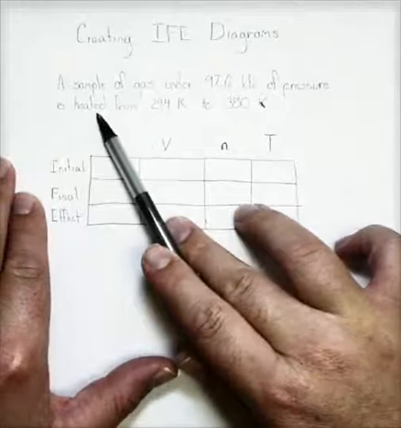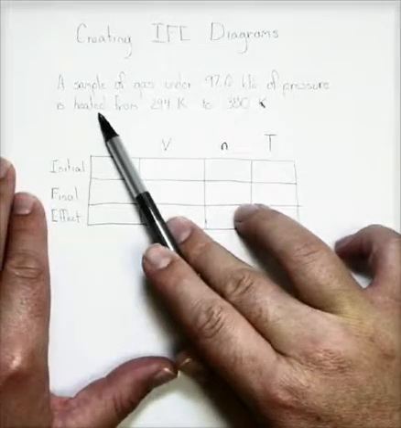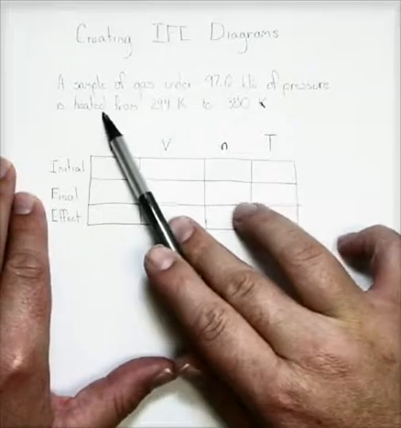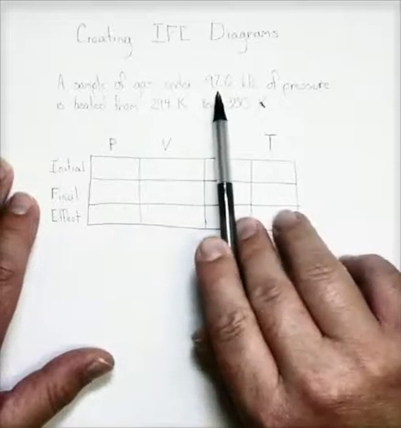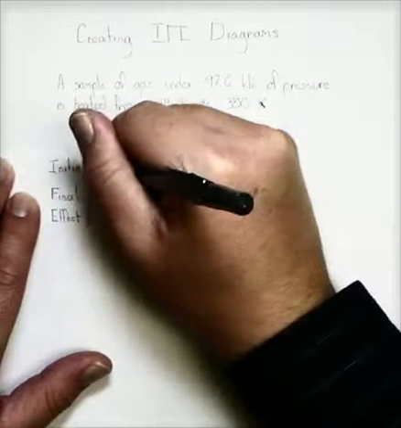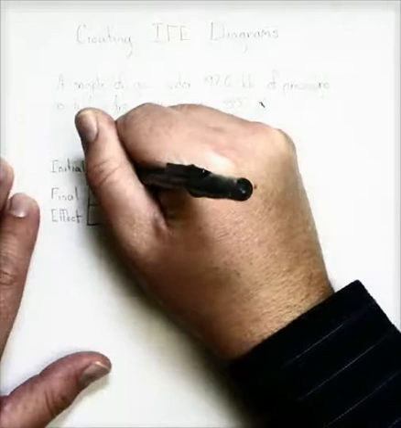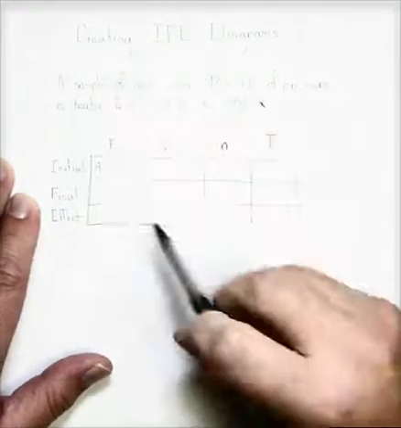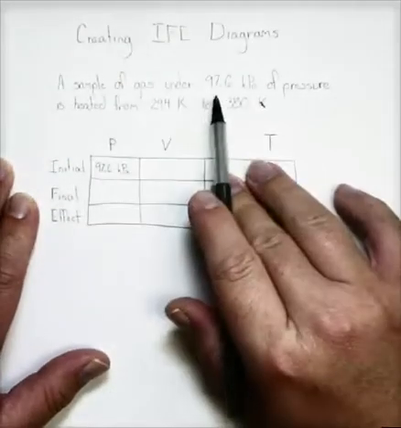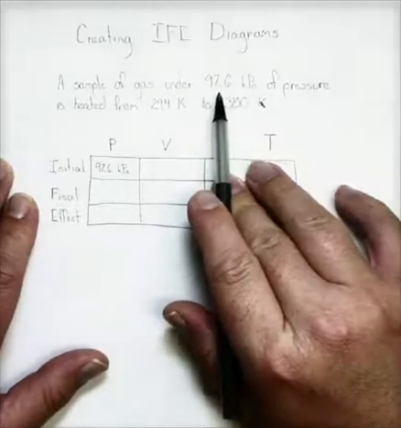The change is this being heated. So we're wanting to know about all this stuff before the gas is heated. So before the gas is heated, it's under a pressure of 97.6 kilopascals. And so we write that in. So the initial pressure was 97.6 kilopascals.